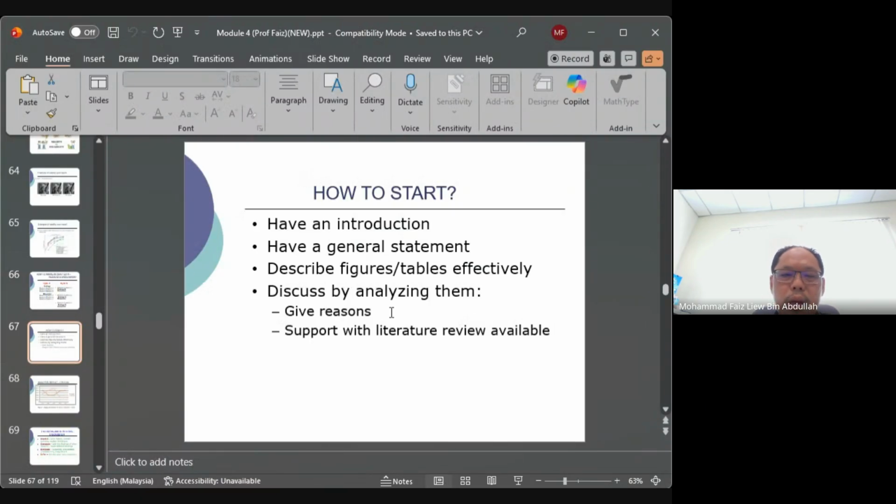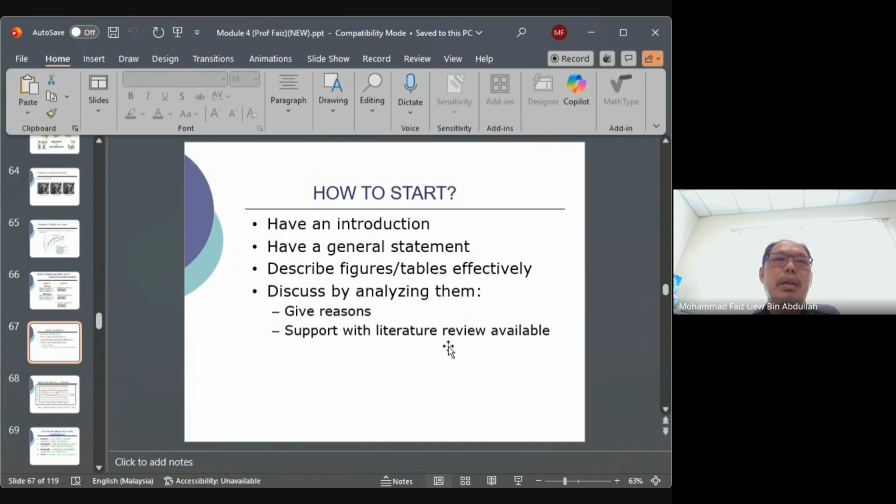Okay. Give reason. For example, as I said just now, why the graph increased: the graph increased because we add in this material. And then of course you also need to relate to support from the literature review. So you have to relate to, for example, a previous paper.